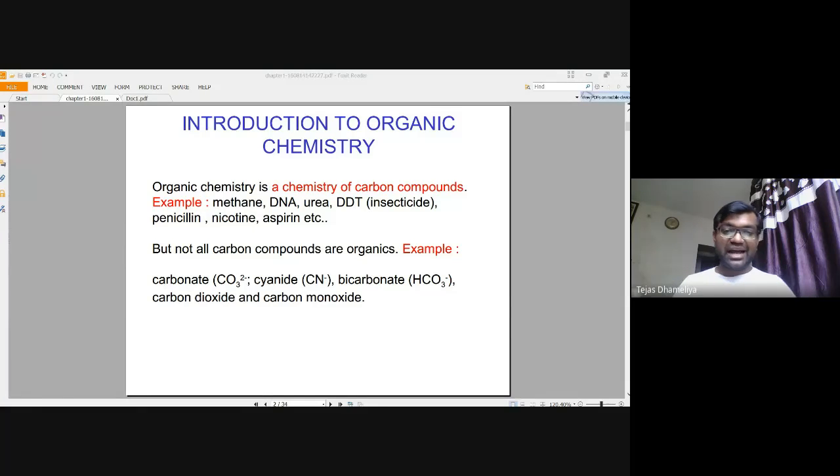Atoms will combine with each other and make certain kinds of molecules.